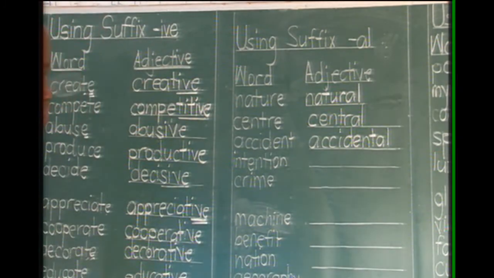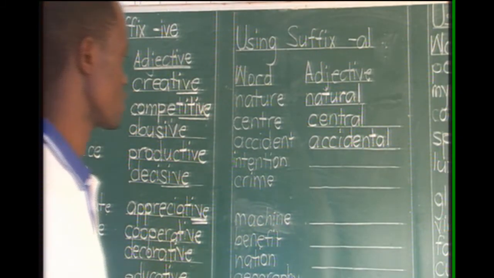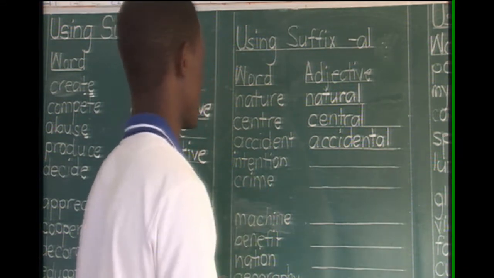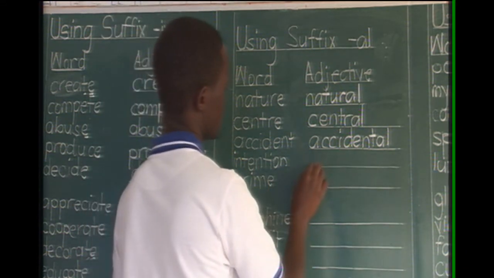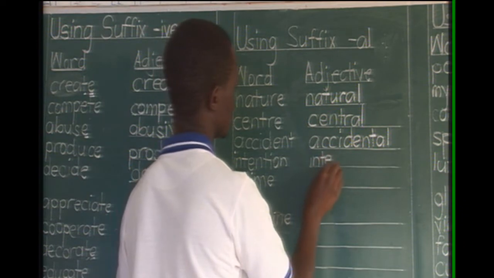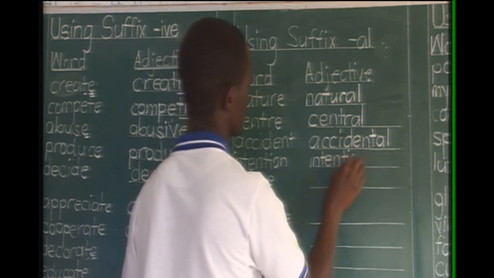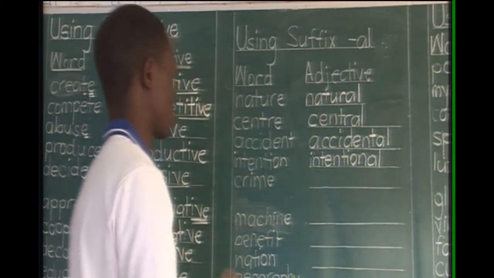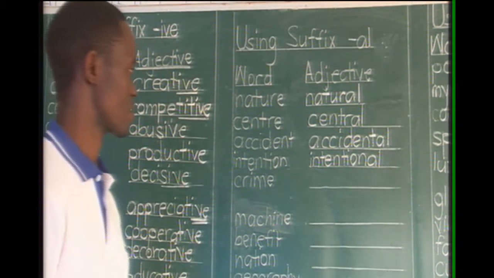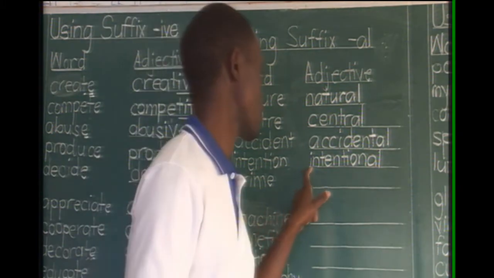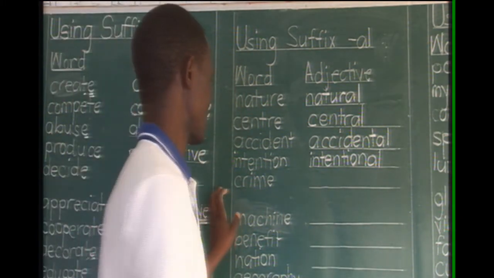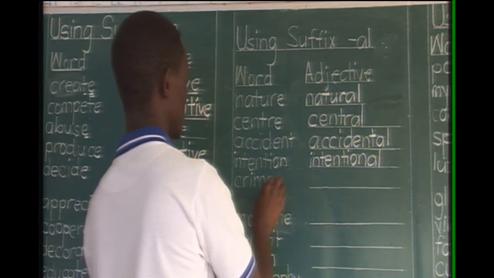Next is intention, where the adjective is intention itself plus the suffix. And the word becomes intentional. Never forget, dot your I. Very important. An undotted I is as good as a capital I. Never have it in your answers.